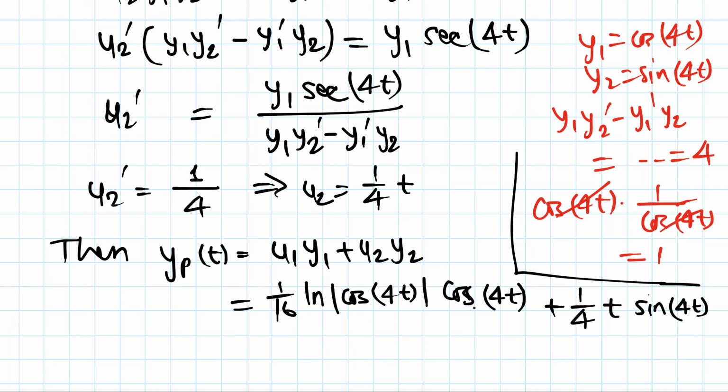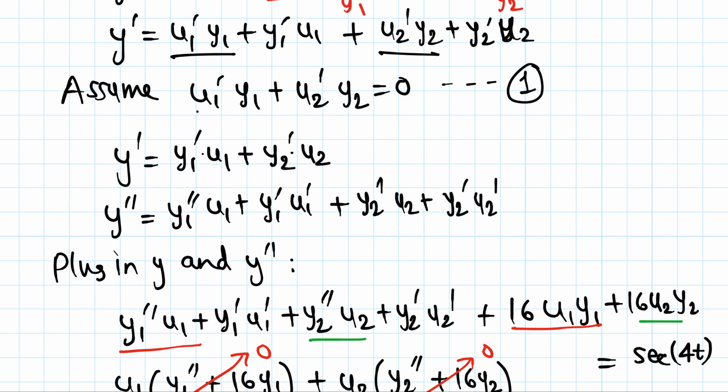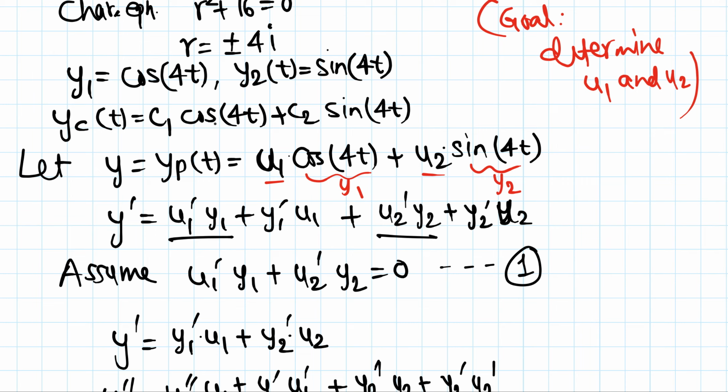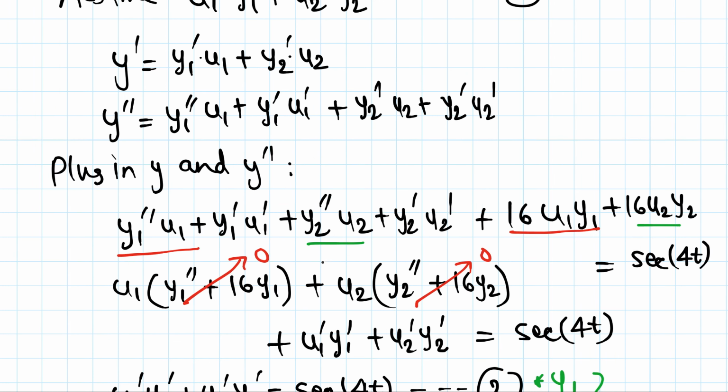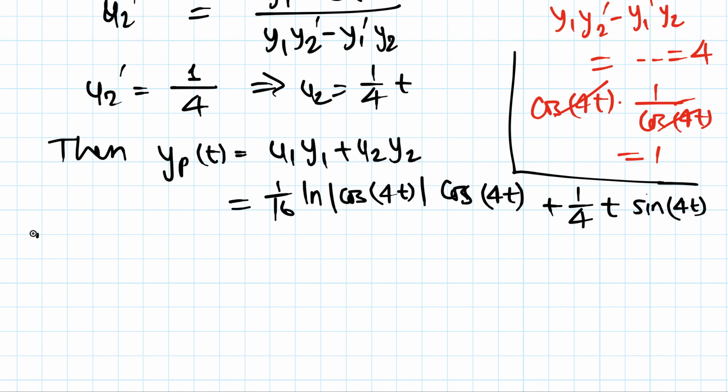Okay, this is yp, and we found yc, the complementary solution, at the very beginning. c1 y1 plus c2 y2 is the complementary solution, and complementary plus particular is the general solution.